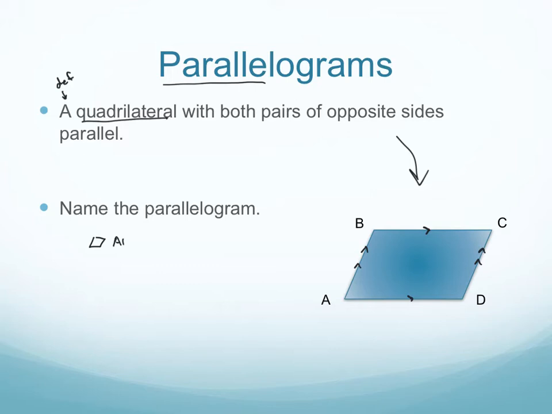So either A, B, C, D, or I could do parallelogram A, D, C, B. Those are both options starting at A, and one is going this way, the other is going this way. I'll do this one in red. What you can't do, this is a wrong name, is you can't say A, B, D, C. Okay, that doesn't go around the shape in either direction. That cuts across, and you can't do that.